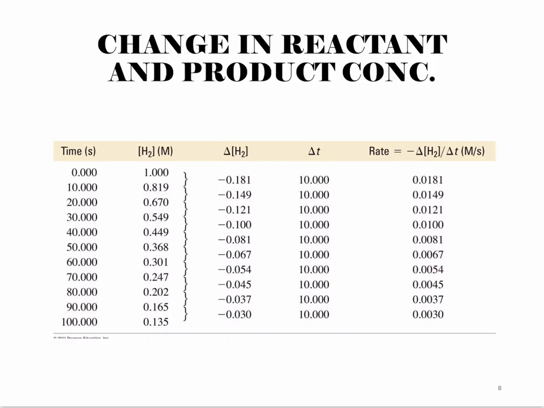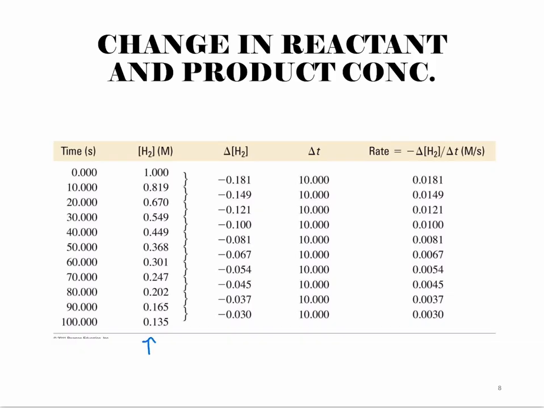You can look at how the reaction rate changes continuously, but that involves a little bit more calculus. And if we're looking at something where this was a reactant, how would you know that this is a reactant or a product in this case? Because the concentration is getting smaller.